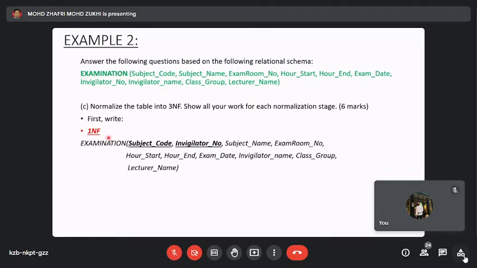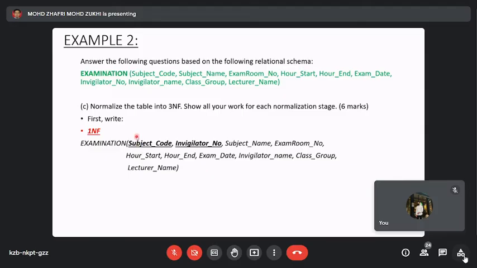So for first normal form, we take examination, put the primary key first, subject code and invigilator number, and underline them to symbolize that these are the potential primary key, followed by the other attributes.